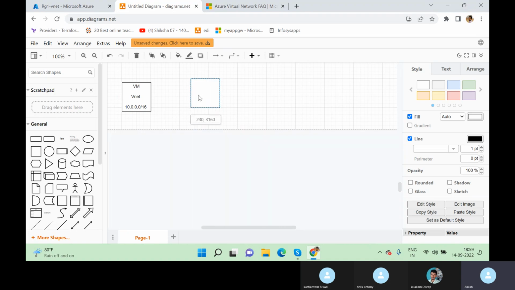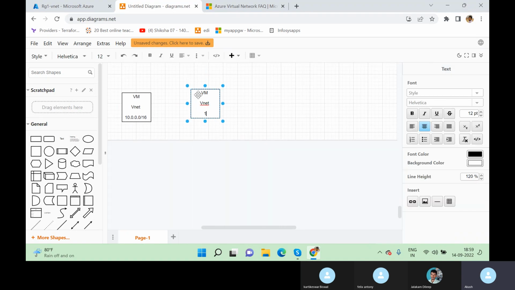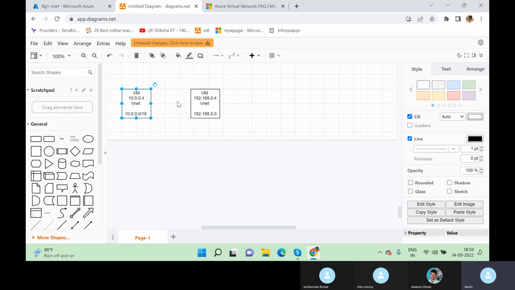I also have another VM, VMB, which is part of a different VNet with an address space of 192.168.0.0. VMB has the IP 192.168.0.4, and VMA has 10.0.0.4.